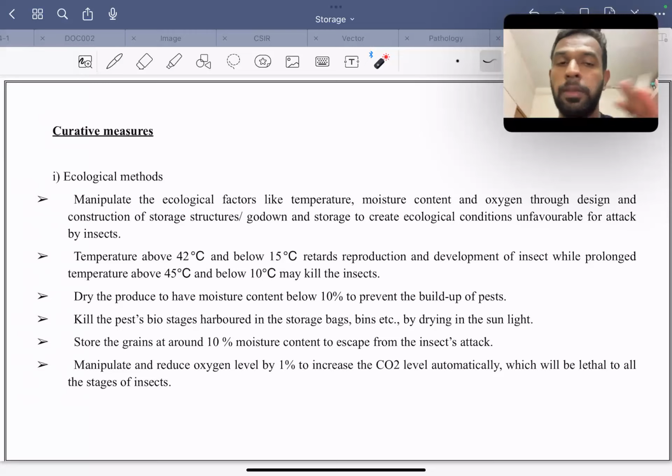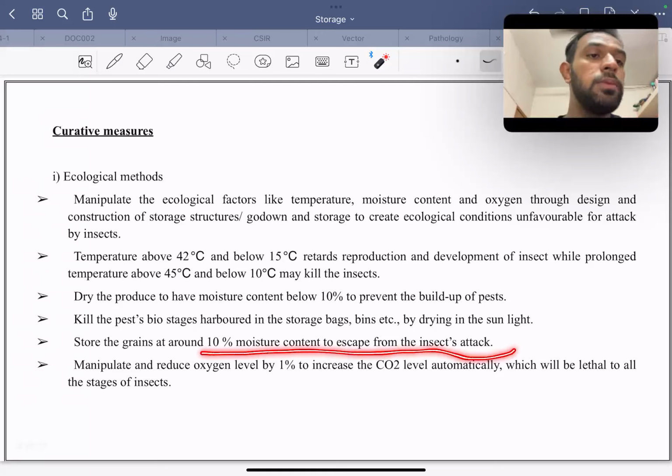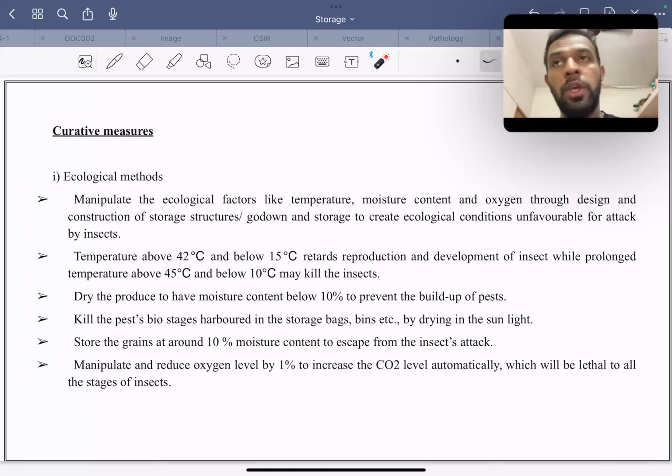Okay, so that can prevent it from damaging again. Then store the grains at 10% moisture content to escape the insect attack. So we dry them to reduce their moisture content, then maintain them below 10%, because grains automatically absorb more moisture. So we have to take efficient methods of controlling them and preventing them from taking up more moisture.